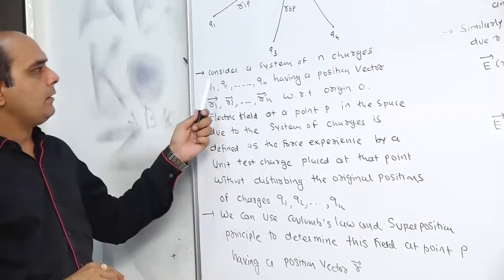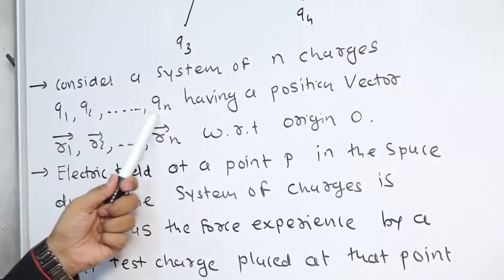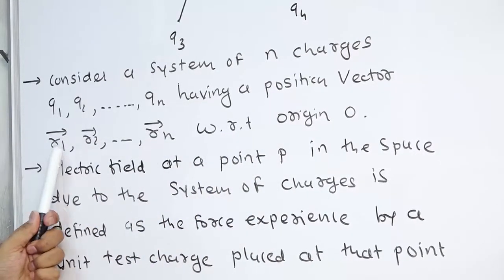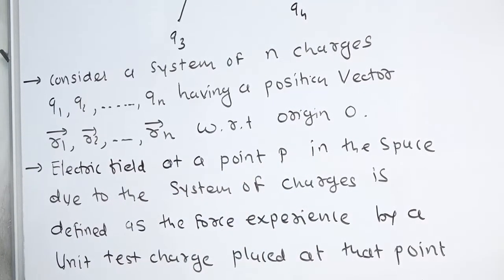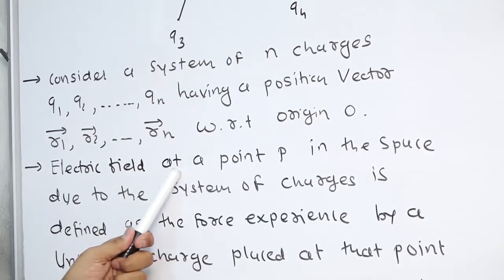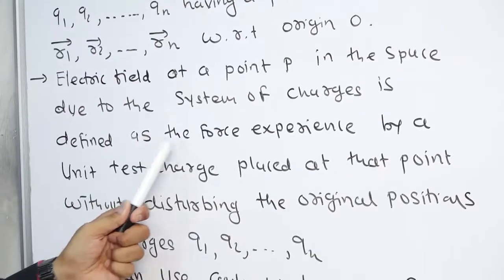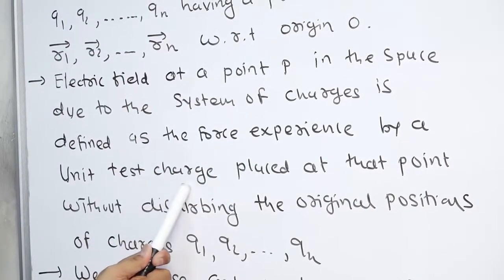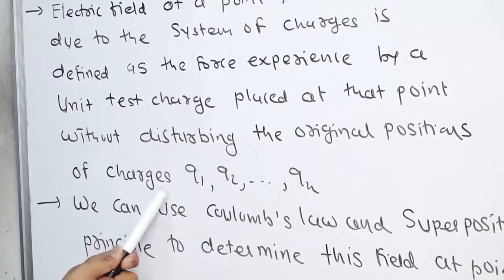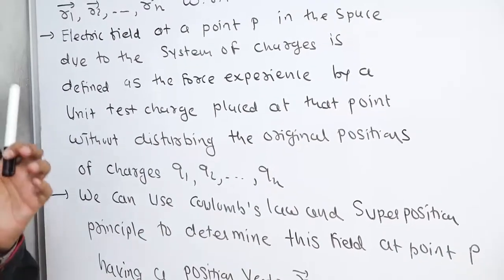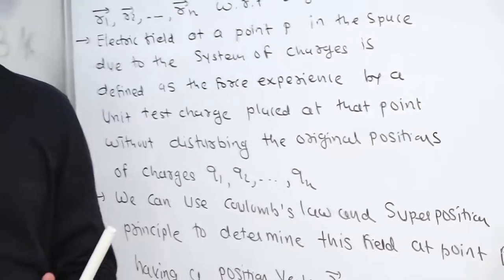Okay. As per this figure, consider a system of n charges Q1, Q2 up to Qn, having position vectors R1, R2 up to Rn with respect to origin O. Next, the electric field at point P in space due to the system of charges is defined as the force experienced by a unit test charge placed at that point without disturbing the original position of charges Q1, Q2, up to Qn. This is the definition of the electric field: force acting on a unit positive test charge.